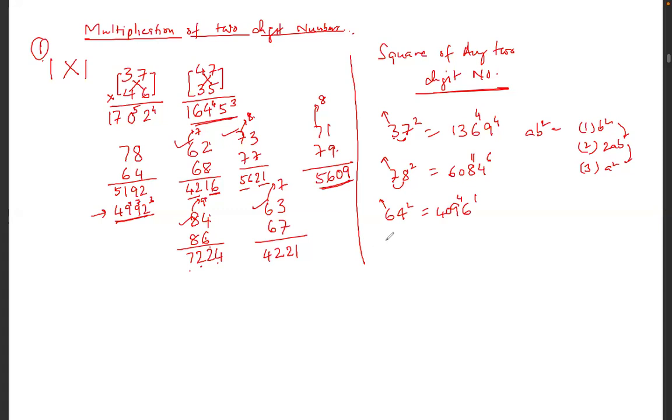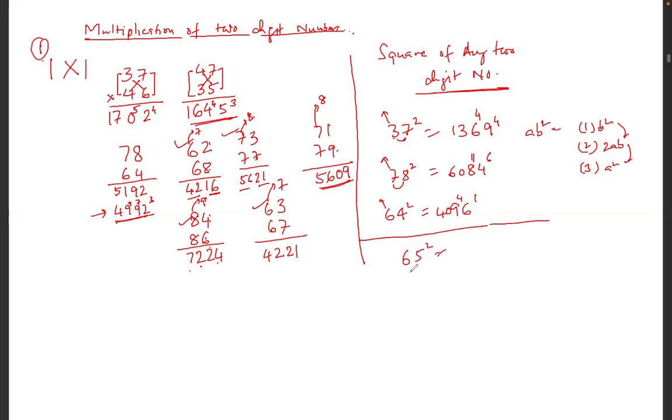Now, if any number is ending with 5, what can you do? Let's say 65 square. Now, 65 square means 65 into 65, right? So you can see the sum of unit digits is 10 and the tens digits are the same, isn't it?